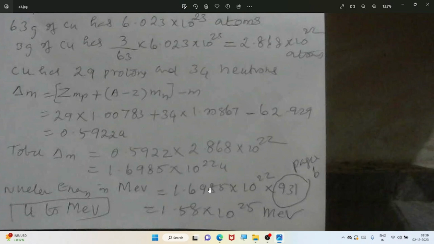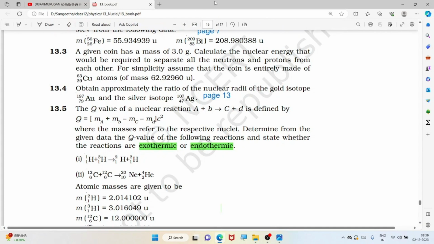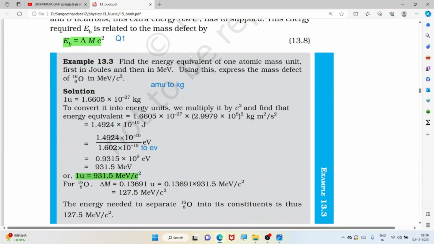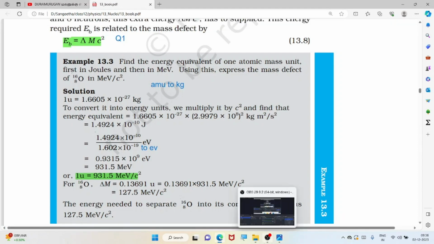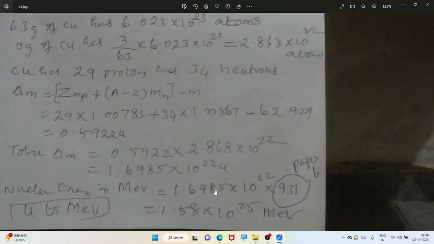One atomic mass unit equals 931 mega electron volts, which I am using from the book, page 6. So I am using this directly here. Then you will get this much in electron volts.